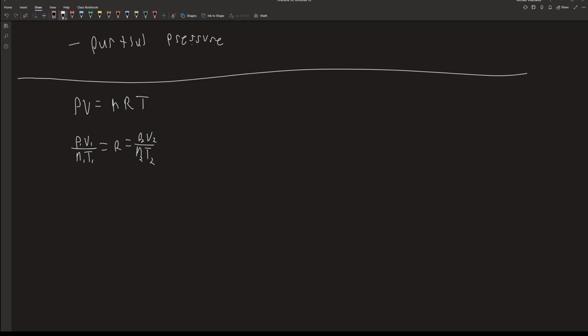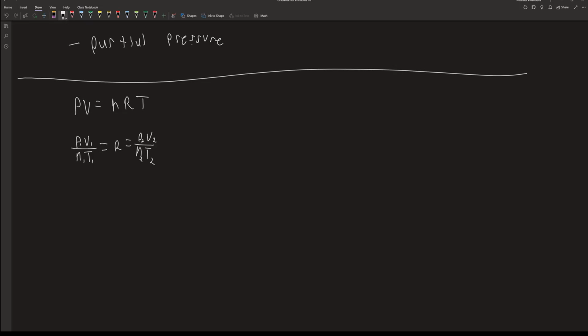And from this equation right here, you could derive all the other gas laws. If you wanted to hold something at constant pressure, you would cancel out all the pressures. If you wanted to hold something at constant temperature, you cancel out the temperatures, etc. So these are the only two formulas you really need for gases.